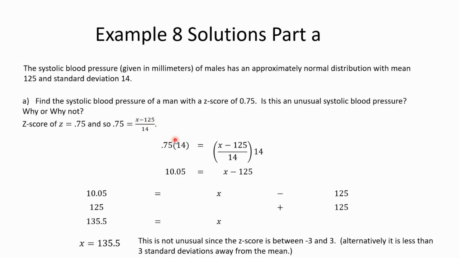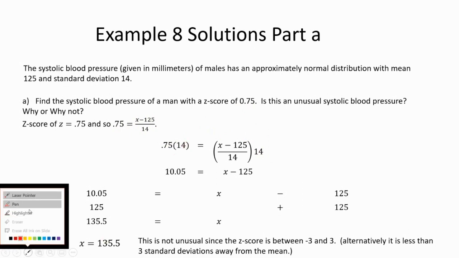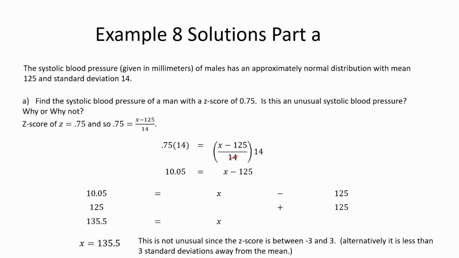Okay. So we have this equation. Let's get the 14 out of there. We want to solve for x. We can multiply both sides by 14, and that kills off this decimal, because we want x as our unknown.